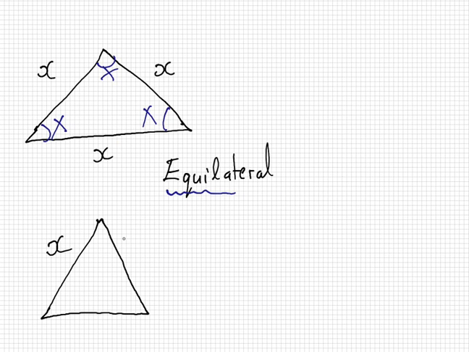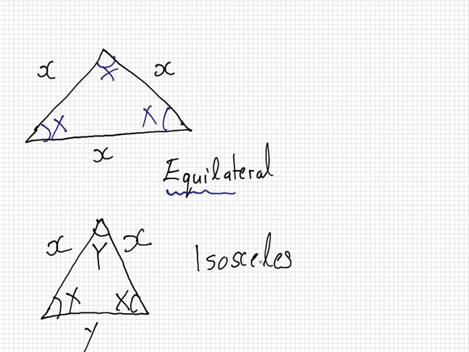These two are the same, but this one's not. And so these two angles are the same, and this one here is not. That one's called isosceles.